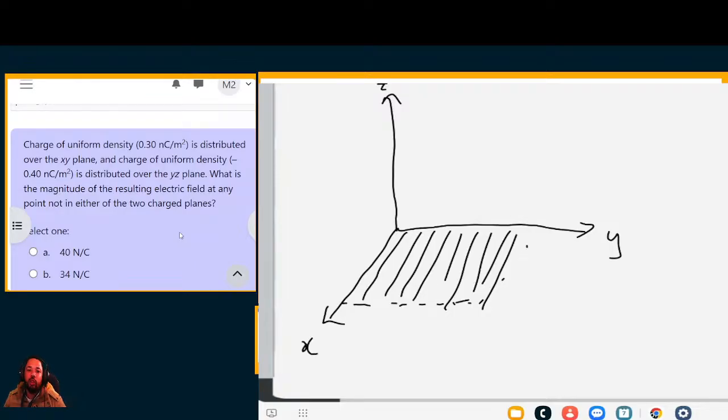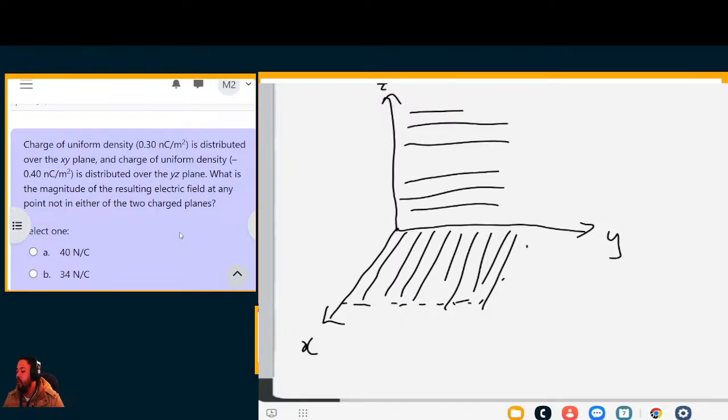It has a charge density of 0.3 nanocoulomb. Then they tell us negative 0.4 nanocoulomb is distributed over the YZ plane. This here is the YZ plane.